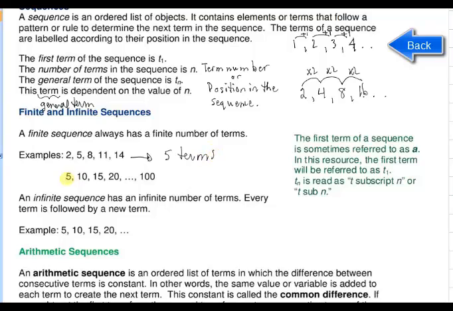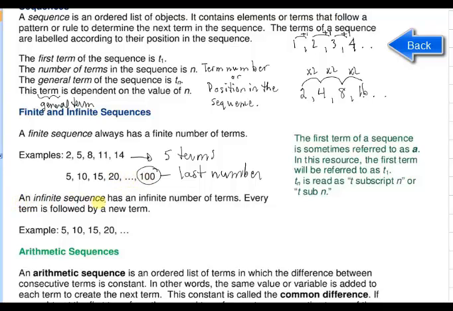And on our second example, you have 5, 10, 15, 20, then dot, dot, dot, and they're telling you that the last number is 100. Because this is your last number, this sequence is finite. The dot, dot, dot just means that you're not going to write all the numbers in between 20 and 100.